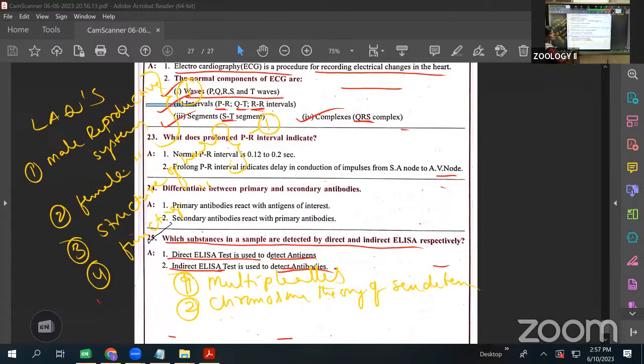Next, the third one is crisscross inheritance. These are the LAQs, compulsorily learn them. Choose any 2: this 2 is one part, this 2 is one part, this 3 is one part. Any 2 you can choose easily, and you can write 2 LAQs.